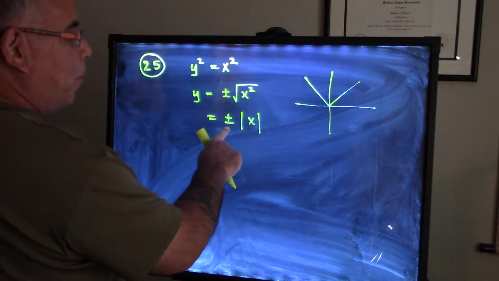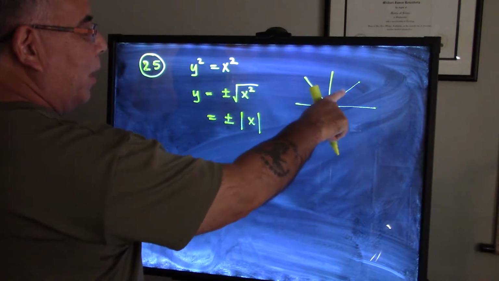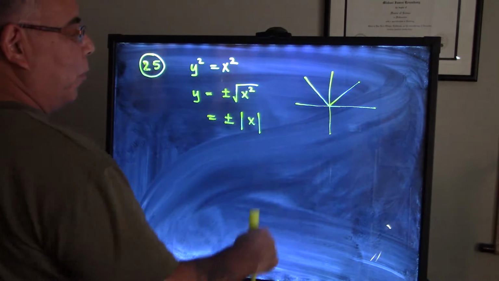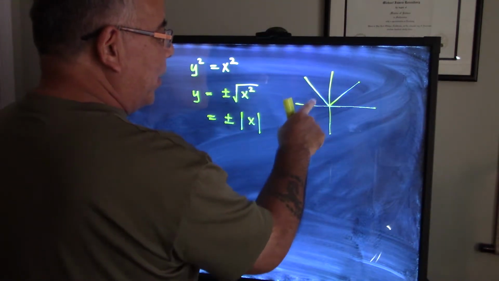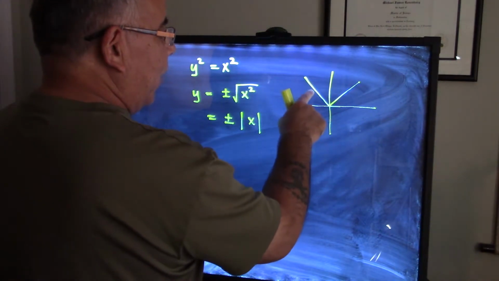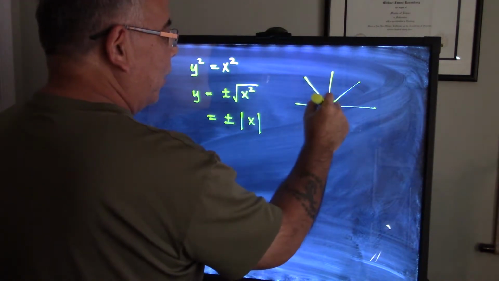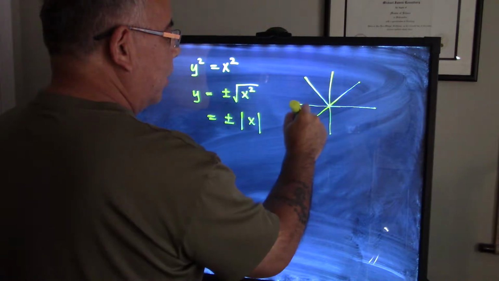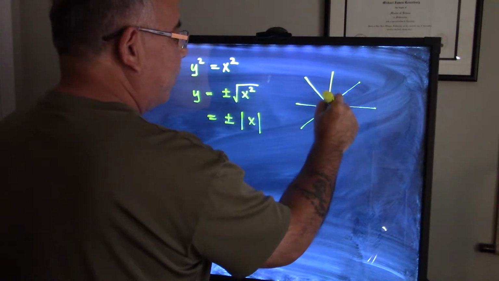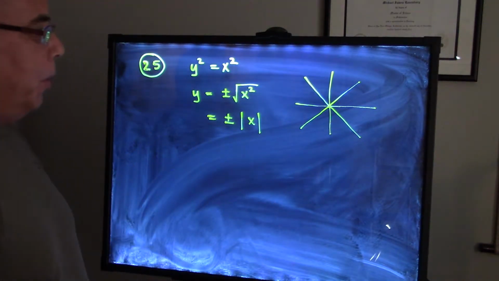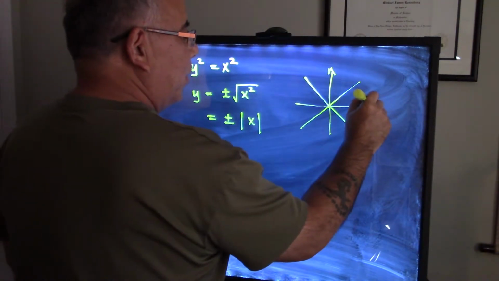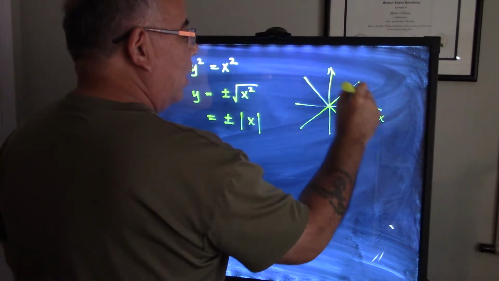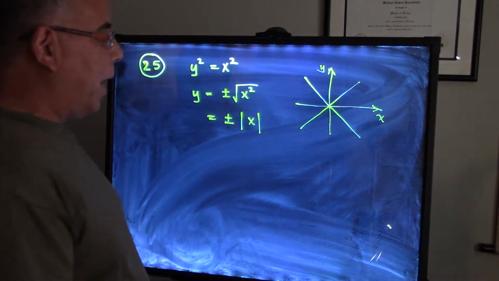The negative will make all these y values on this graph negative. So instead of positive whatever that y is, it's going to be down here, negative. In fact, all of these are going to be negative. Okay, so it looks like an X when you graph that. I should draw my arrows here so there's no confusion for my axes.